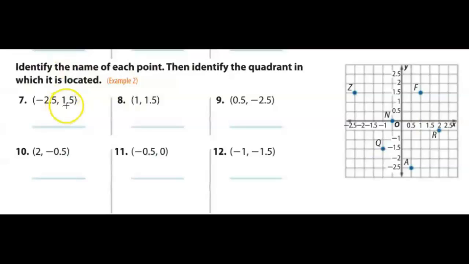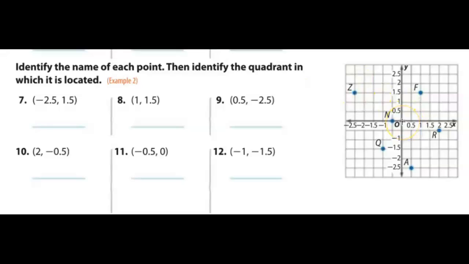Okay, so now they're going to give us the ordered pair, and we have to figure out what letter matches it, identify the name of each point, and then identify the quadrant in which it is located. So if we start, at what point do we always start? Answer that for me, please. Okay, that's correct. We always start at the origin.